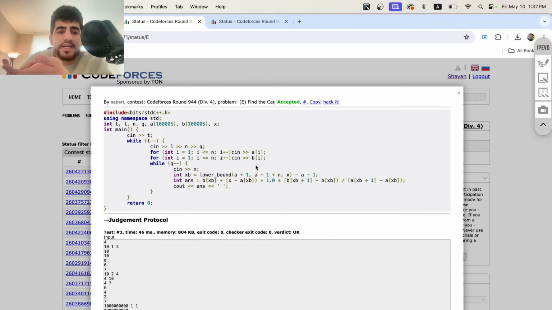If you want to see code for that, I open this code. It is implemented in a while-based way, and you can see that it first finds the latest sign before x, and then does the exact same thing. It says that ans is equal to b of xb plus x minus a of xb, which was the last sign, times the rest.